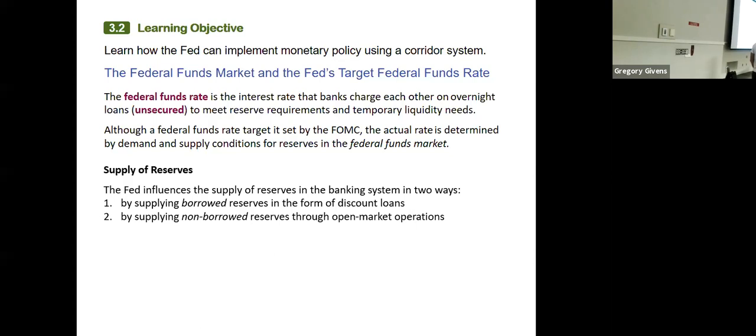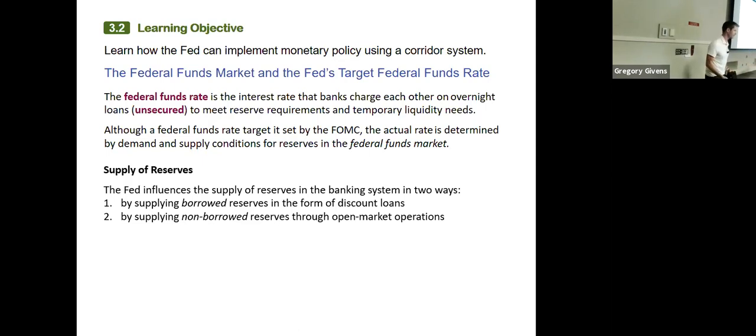We call those non-borrowed reserves. Why? Because when a bank acquires reserves in that way, it's not taking out a loan, rather it's basically selling an asset to the Fed. The Fed is paying the bank for that asset by crediting its reserve account with more commercial bank reserves, or reserve balances.